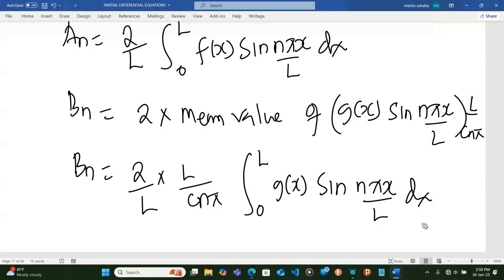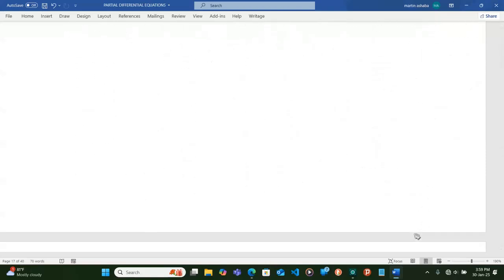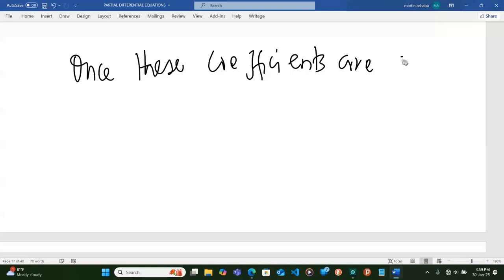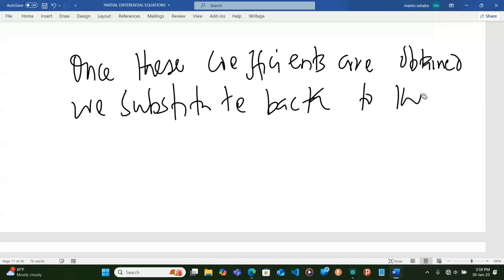So once these coefficients are obtained, we substitute back into the general solution.